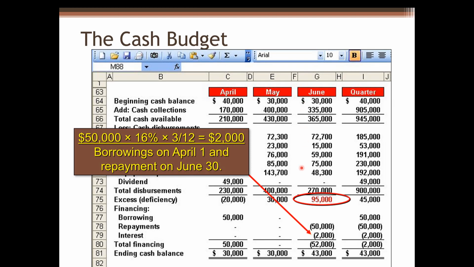Equipment purchase in June, $48,300, no dividend.